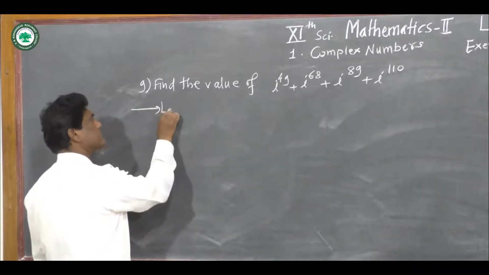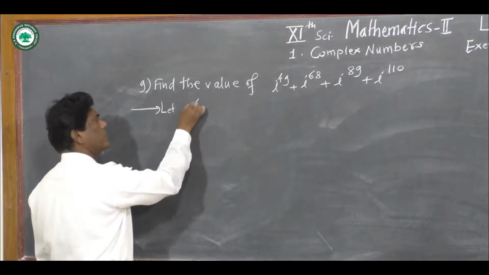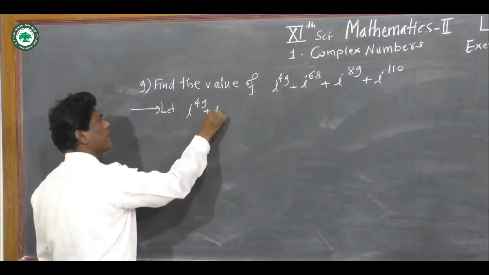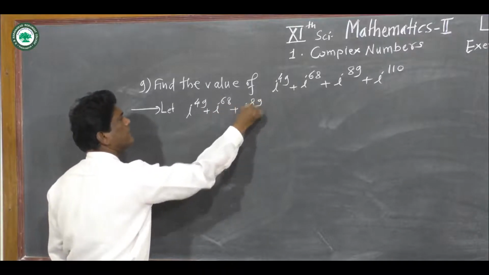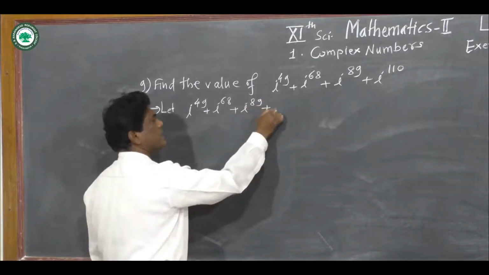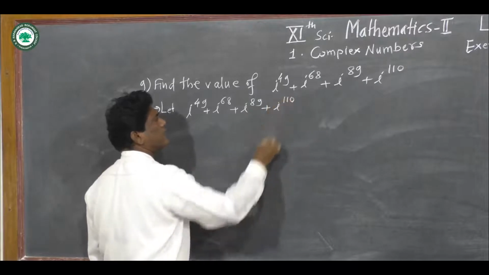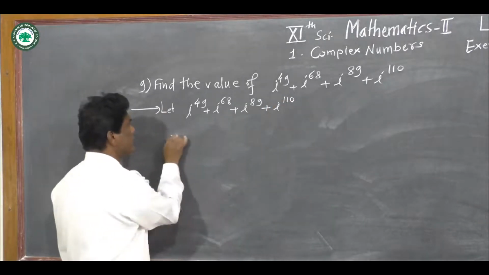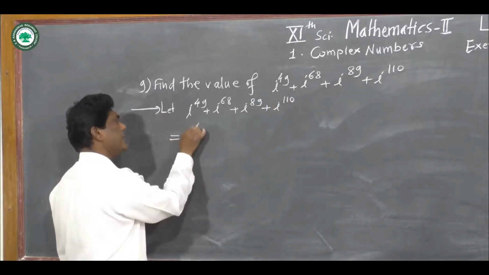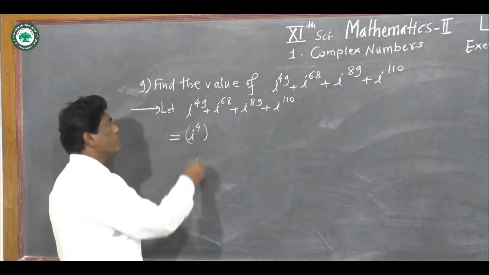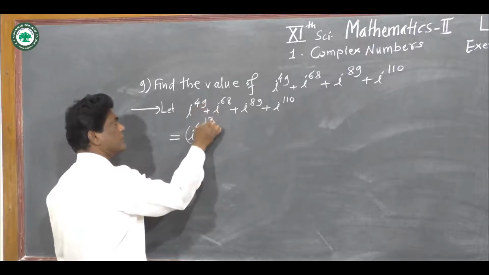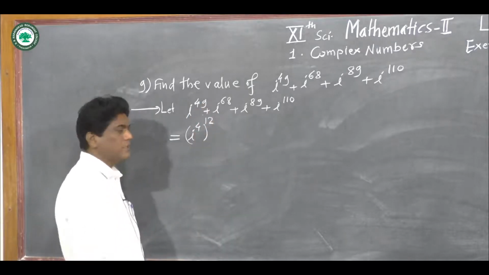Consider i to the power 49 plus i to the power 68 plus i to the power 89 plus i to the power 110. So it is equal to, we write this as, firstly write i to the power 4 and divide by 4 this number. So 4 ones are 4, 4 twos are 8 and 1 is the remainder.